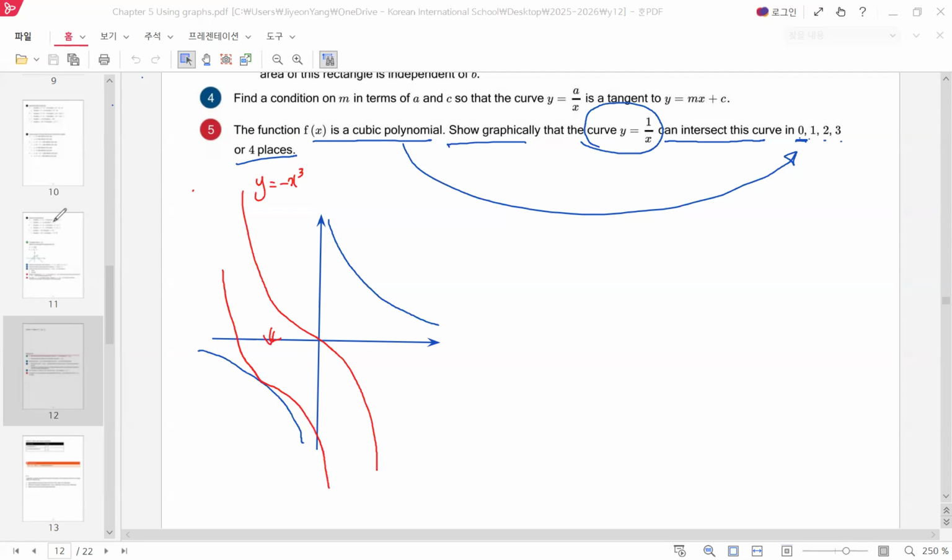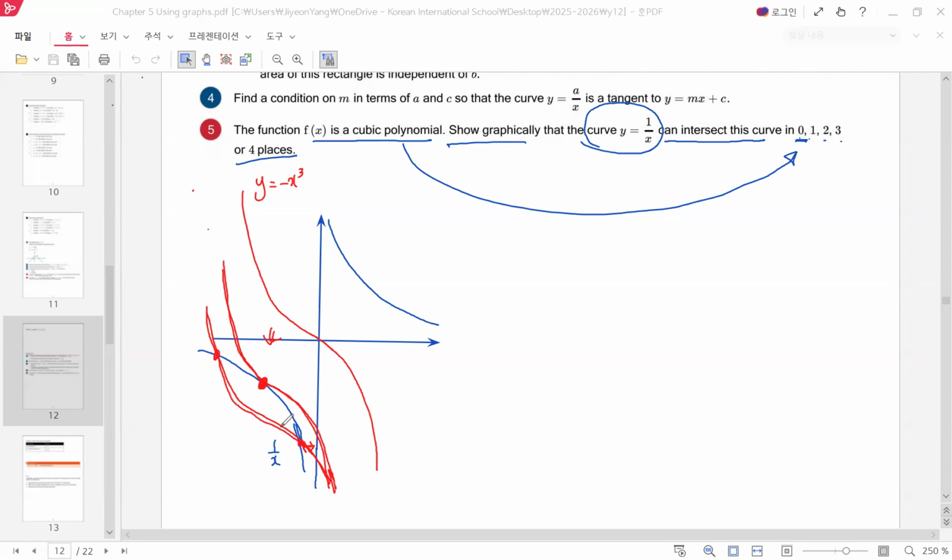Since the graph of 1 over x cannot cross the y-axis, the cubic graph needs to go through the y-axis in this case, so that if it has one intersection point, they cannot meet again. Two intersection points is easy. Draw this graph in this way, then 1 and 2.